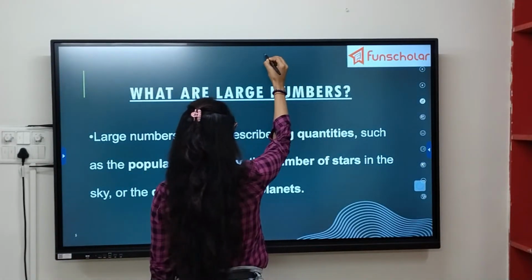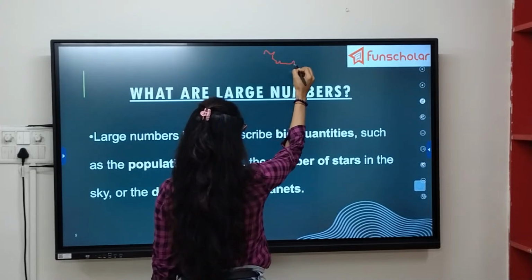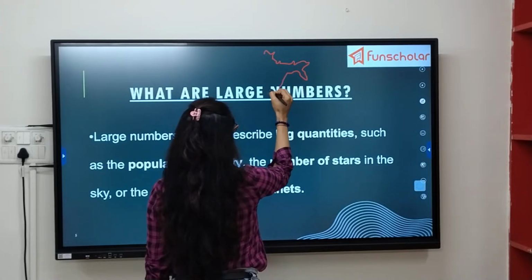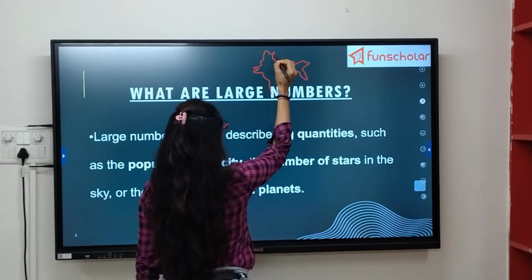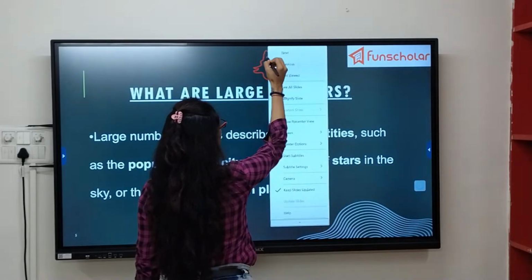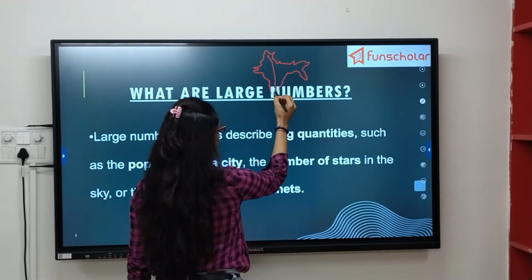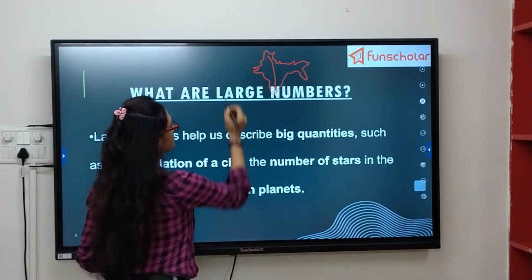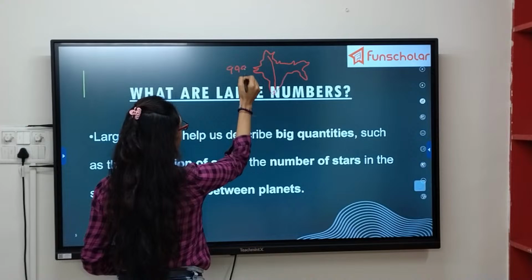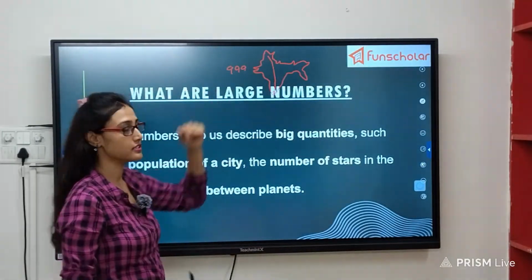Suppose this is India. Suppose you are starting your trip from here and you are ending your trip here. So can you measure this with 999 only? I think no. For that you need large number.